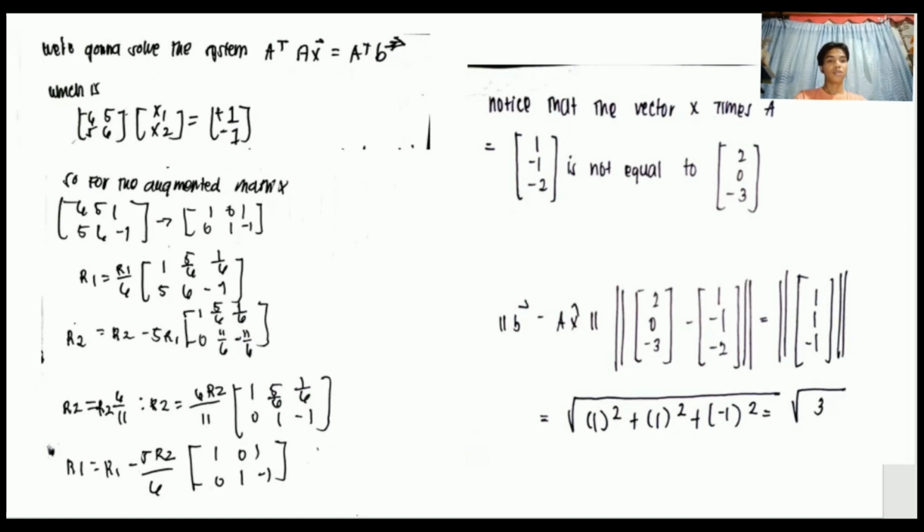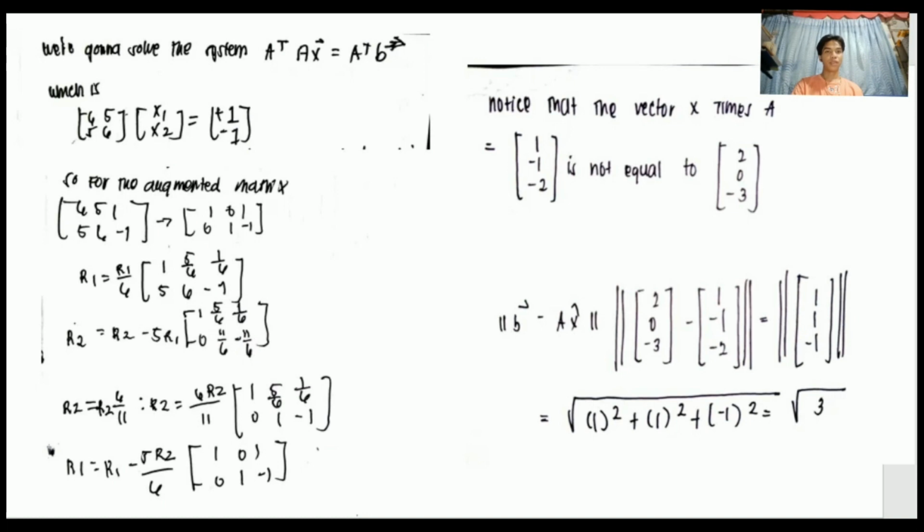We just need to subtract it by 1, negative 1, and negative 2. That's why we get the 1, 1, negative 1. So after that, we will just simply square the answer that we got. So it will be square root of 1 squared plus 1 squared plus negative 1 squared. That's why we got this square root of 3.